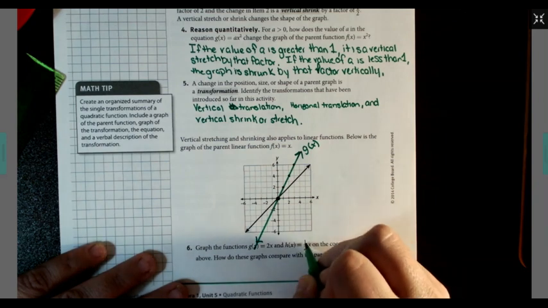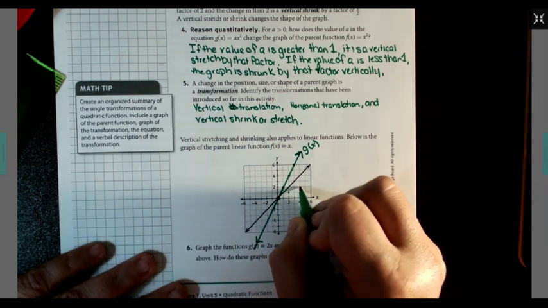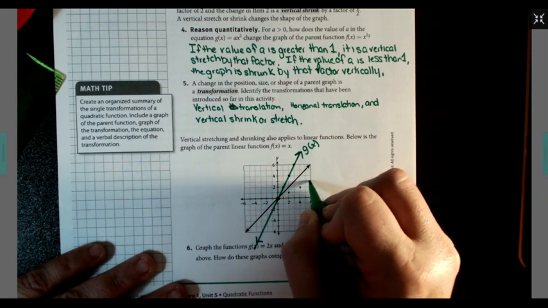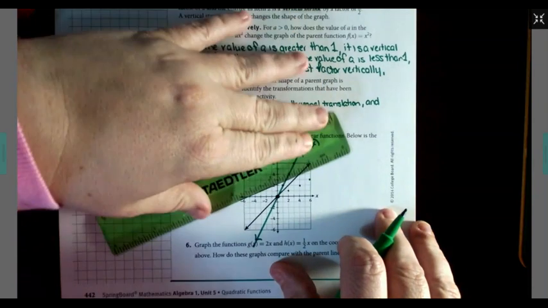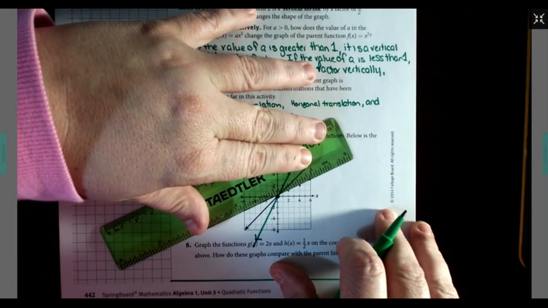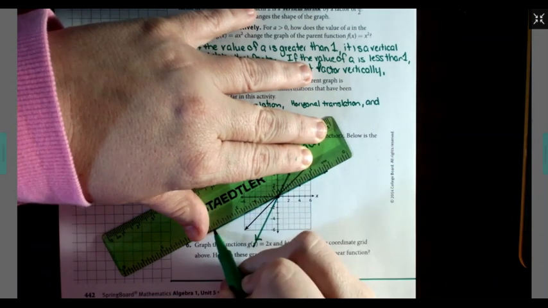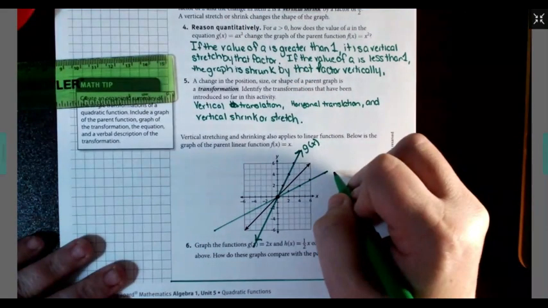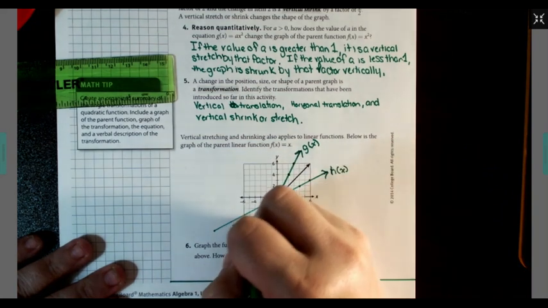This one has a slope of 1/2, so it's up 1 over 2, up 1 over 2, up 1 over 2, like so. This is h of x.